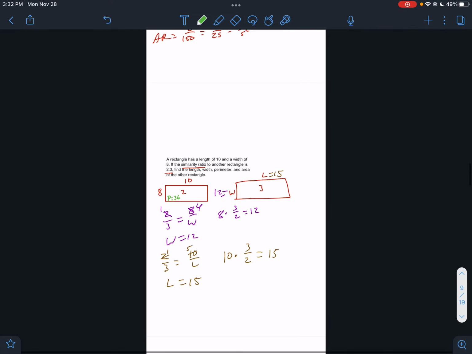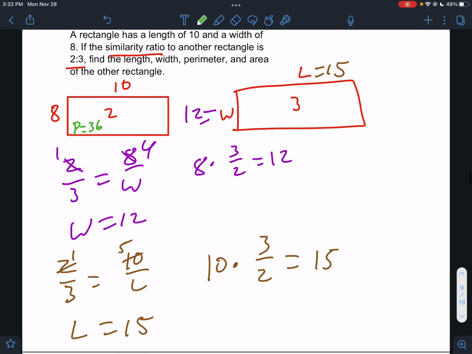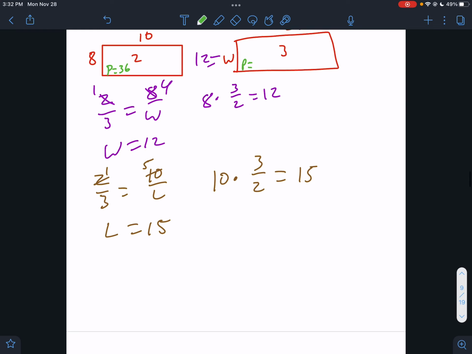So let's find the new perimeter. I'm going to call it P. So it would be 36 over, let's put the ratio first. The ratio is still 2 to 3. Perimeter and the sides use the same ratio. That's a big deal. So 2 over 3 is still the ratio, and that would equal the small perimeter over the big perimeter.